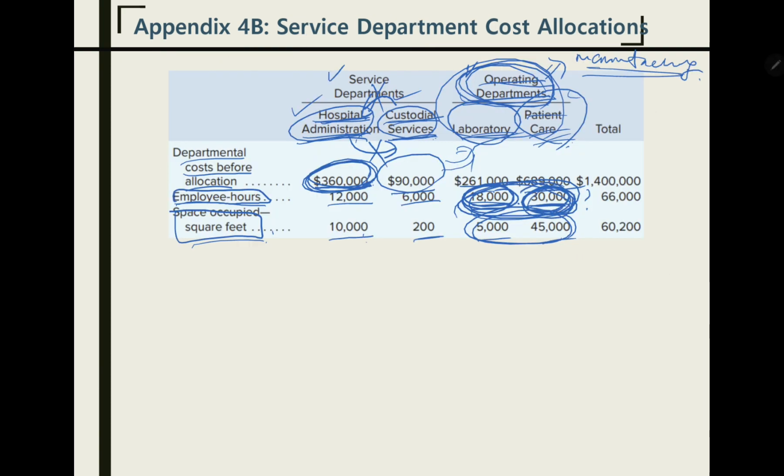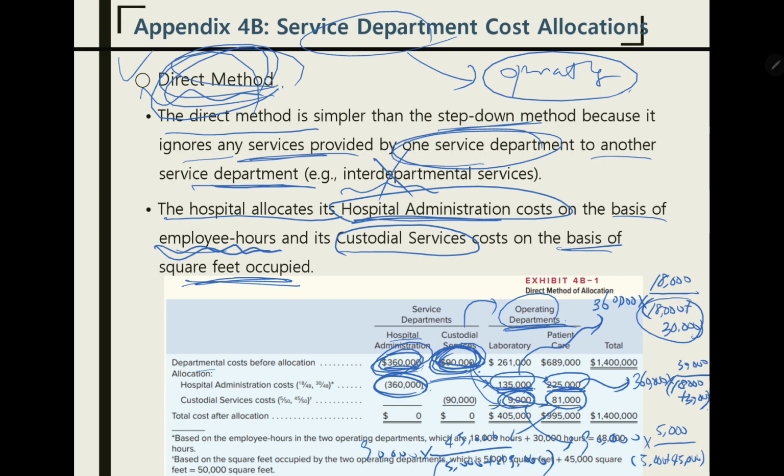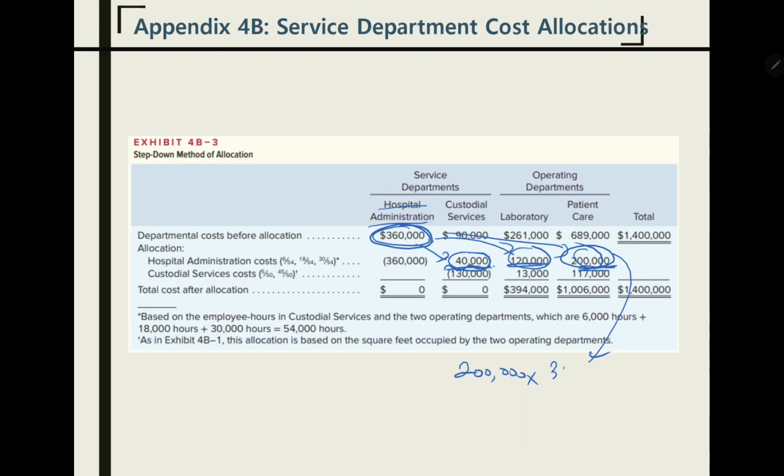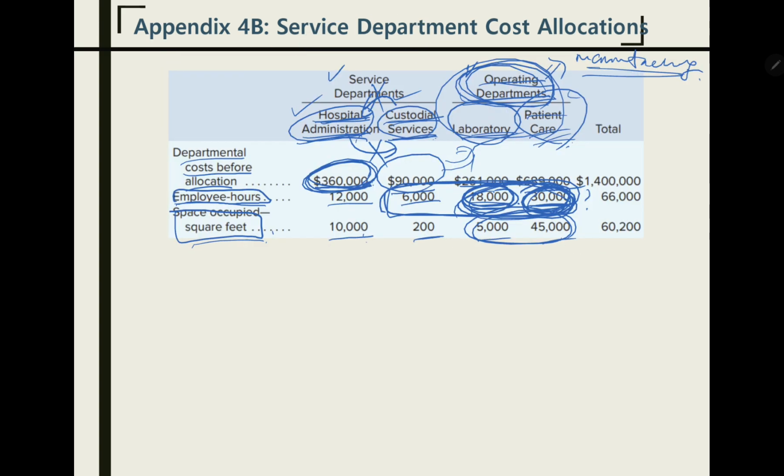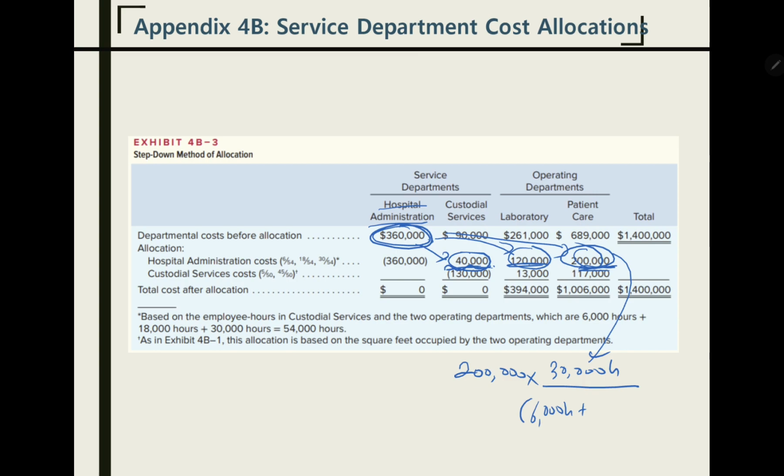Computed by 30,000 hours divided by the sum of this: 6,000 plus 18,000 plus 30,000. Okay.